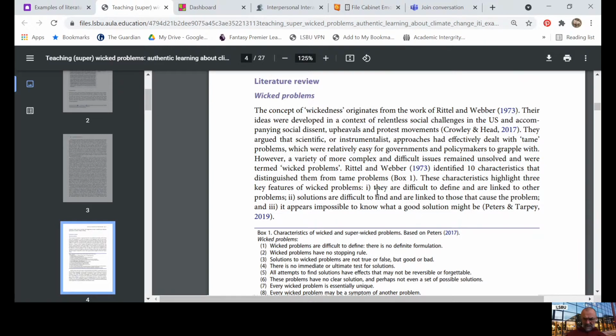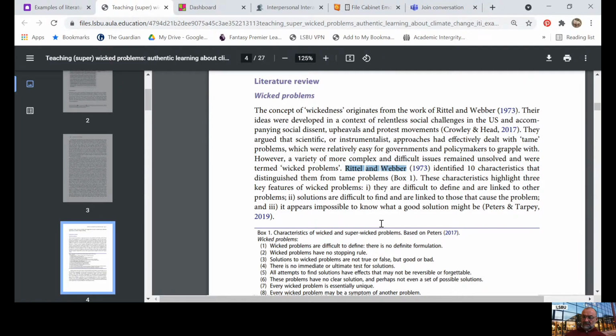You can see it's all written in the third person, and at some points the authors are active. So here we've got Rittel and Weber. At that point they've become the subject of the sentence. Rittel and Weber identified 10 characteristics that distinguished them from tame problems. This is the language of wicked problems and tame problems. You don't need to worry about that.